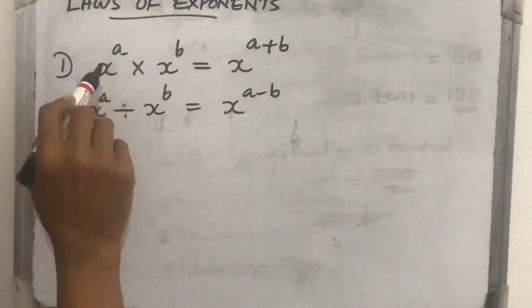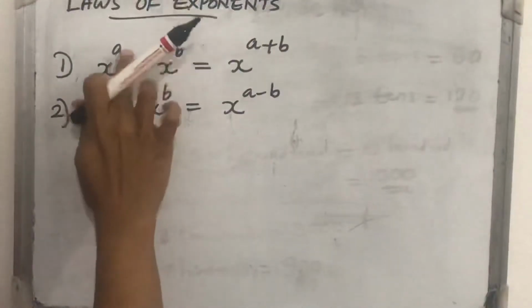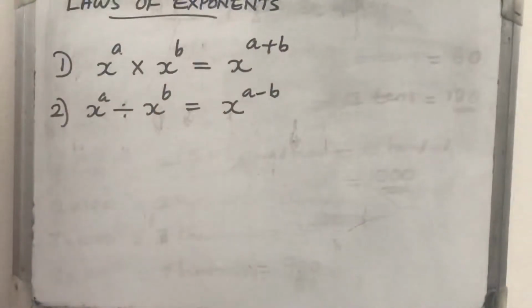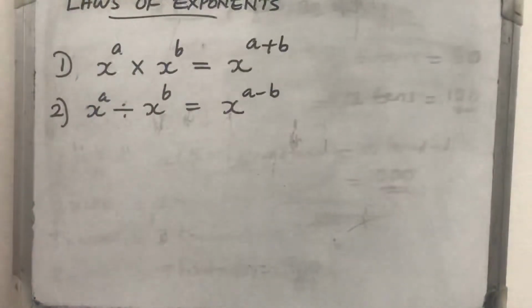Okay, so this is the first law of exponents. x raised to a into x raised to b is equal to x raised to a plus b. All of you learn this by heart, these laws of exponents are very important. Here x will be any rational number and a and b will be any whole numbers.